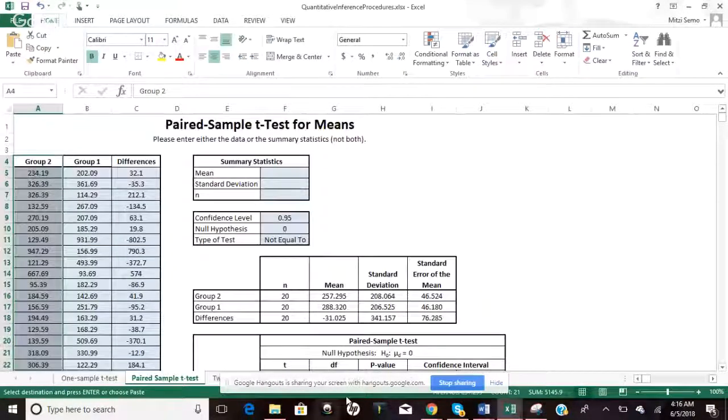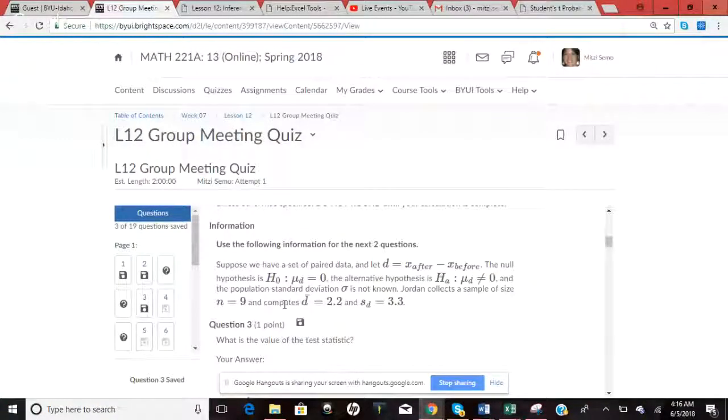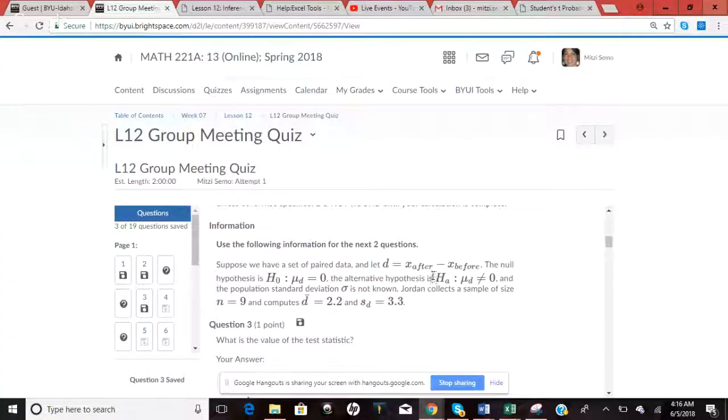So, okay, maybe I'm totally not getting this. Suppose we have a set of following information. Okay, I see. So this doesn't even come from any other data. D equals X after, and D equals, oh, he did X before. The null hypothesis is that the population mean difference is zero.